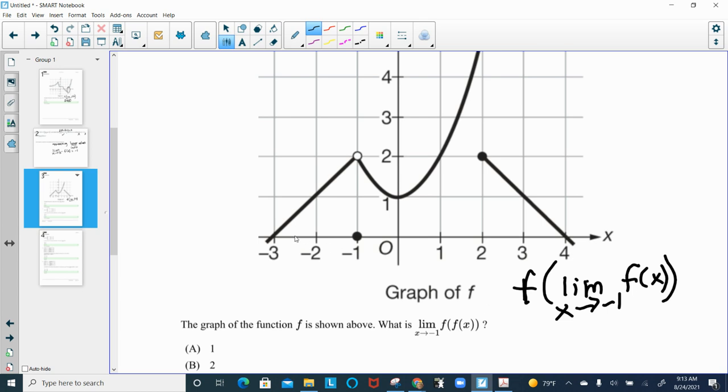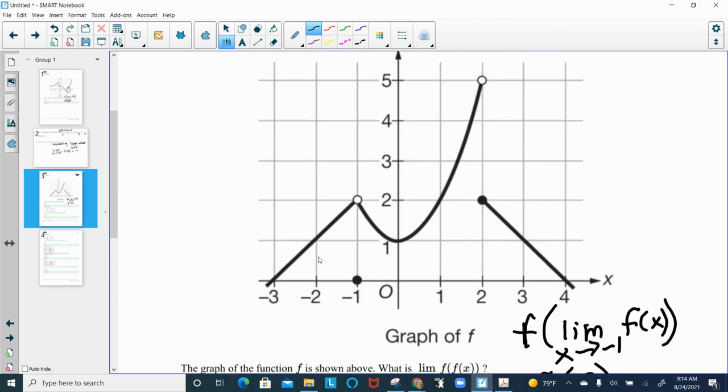So as x approaches -1 from the left and from the right, the limit is 2. Okay. So in an ideal world, f of 2 would give it to us, but it has to be continuous at 2. Is it continuous at 2? No, it's not. See, here we have a jump. So I would have to lift my pencil up.